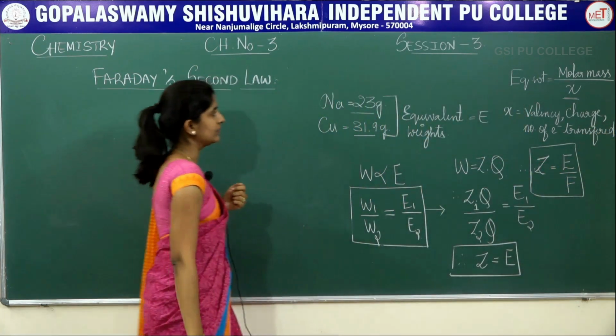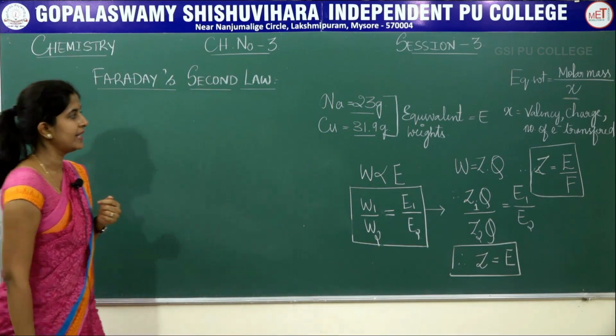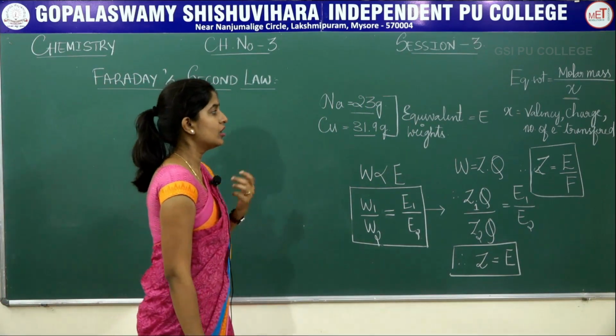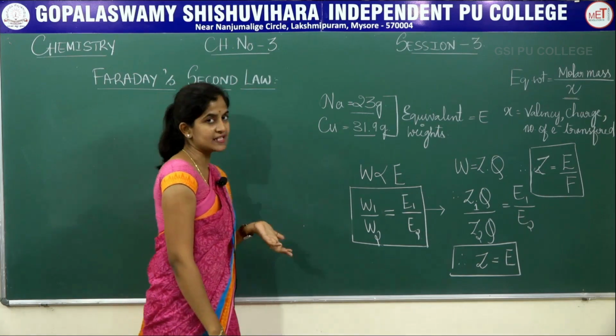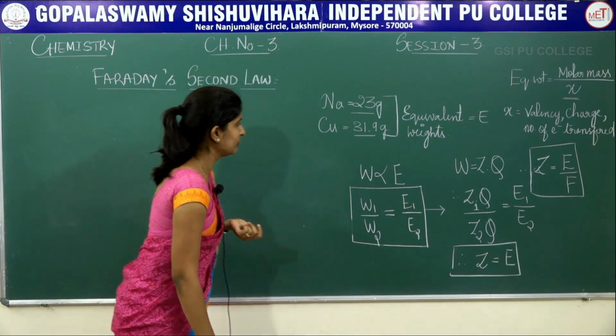Equivalent weight of any substance is equal to molar mass divided by X, where X is valency or charge or number of electrons transferred if it is a redox reaction.